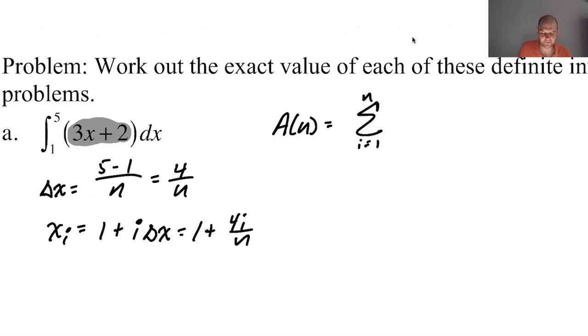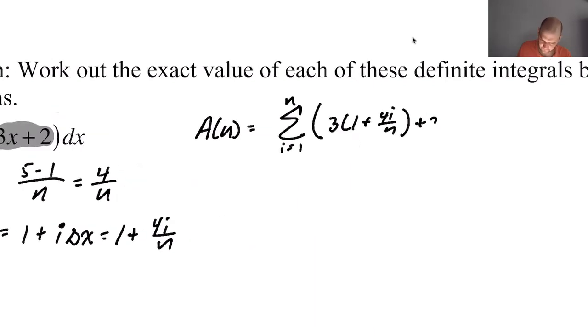So it's 3 times (1 plus 4i over n) plus 2. And then we need to multiply all of that by delta x, which is 4 over n, like so.